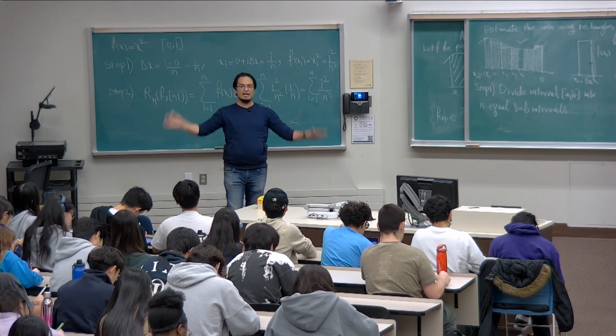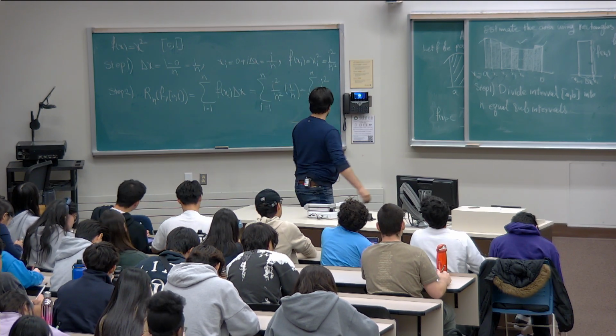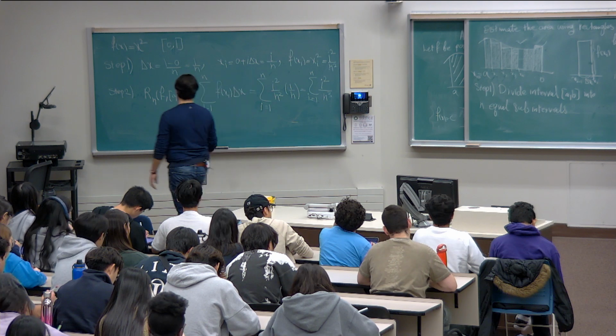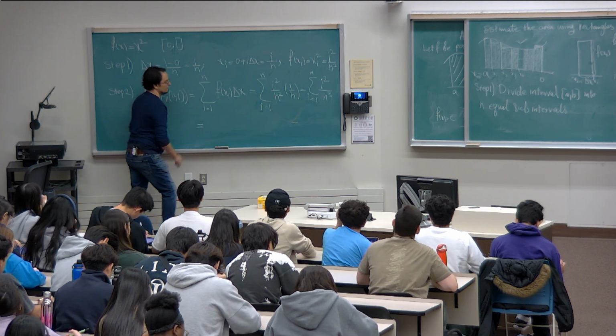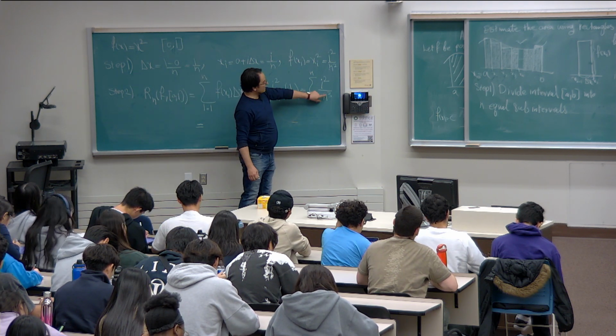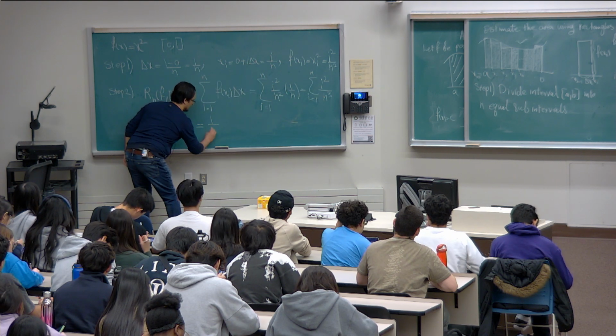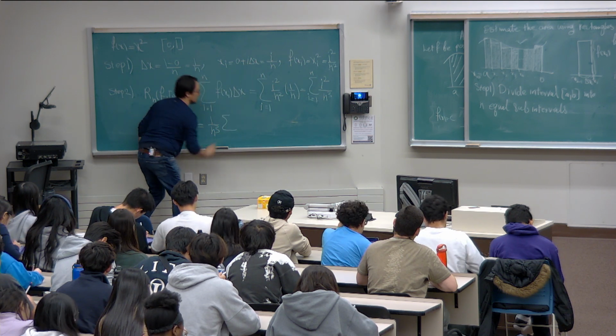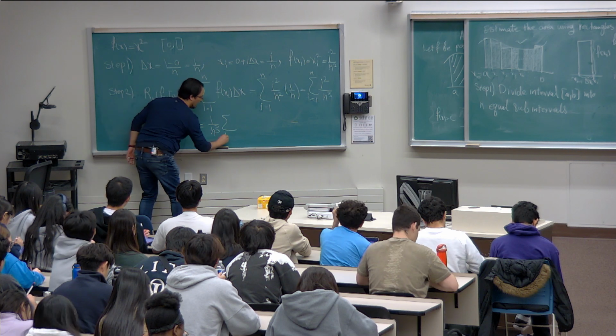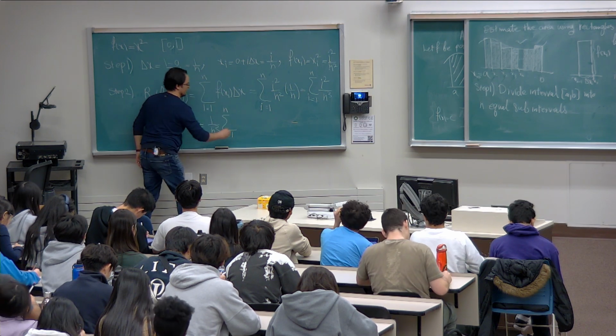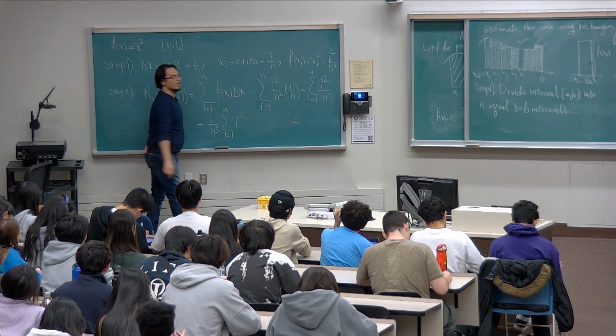I fixed n at some point. But I know that this guy has no i in it. I can put it outside. And then i goes from 1 to n of what? I'm adding i squares.